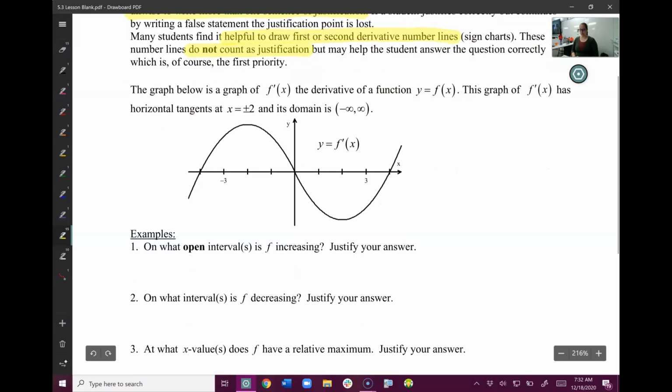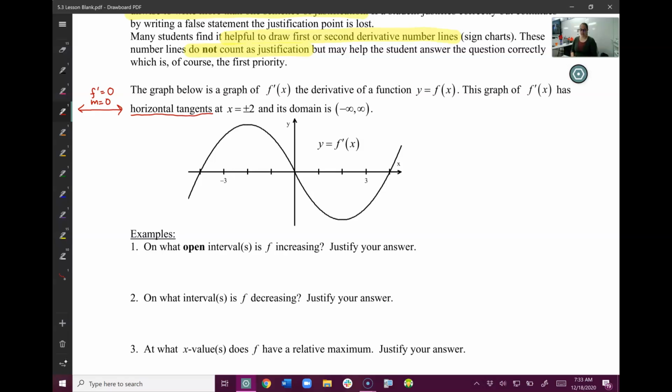So let's look at an example of this. The graph below is a graph of f prime, the derivative of f. The graph of f prime has, and this is important, horizontal tangents. Now remember, if I have a horizontal tangent line, that means the slope is 0 because it's horizontal, which means the derivative of it is 0.